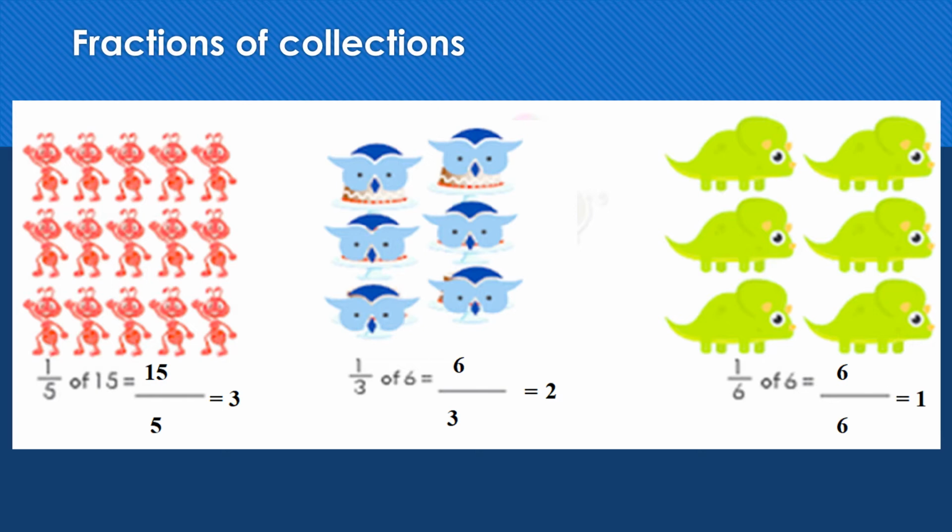Next we have 6 in total and we need to find out what is 1/6 of 6. So here the total given is 6. So we need to find out what is 1/6 of the total 6, and you find out by simply dividing 6 by 6, which is equal to 1.